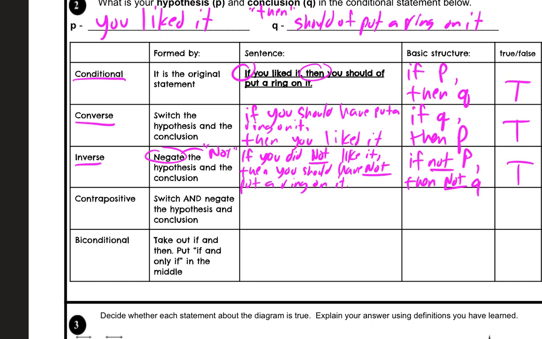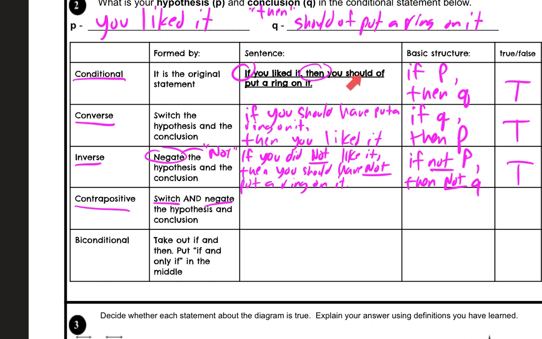Okay, next, contrapositive. I know these are a lot of weird words, but that's okay. Contrapositive: switch and negate the hypothesis and conclusion. So we're going to switch them and negate them both. So we're going to put this first and negate it.